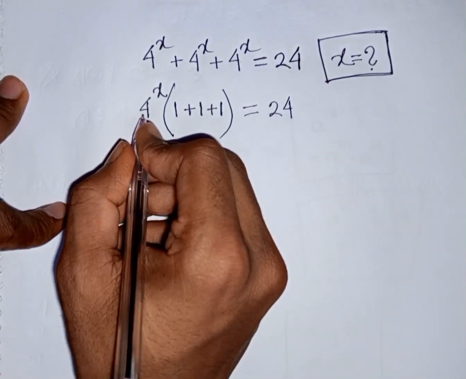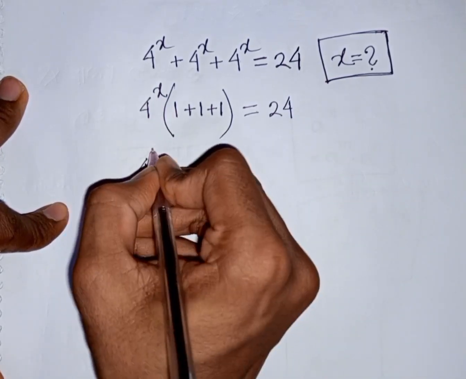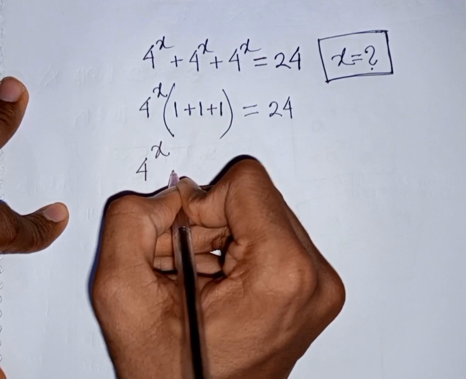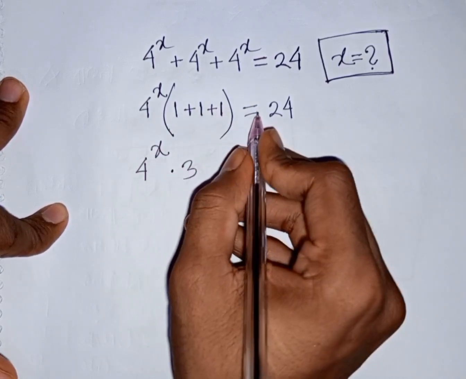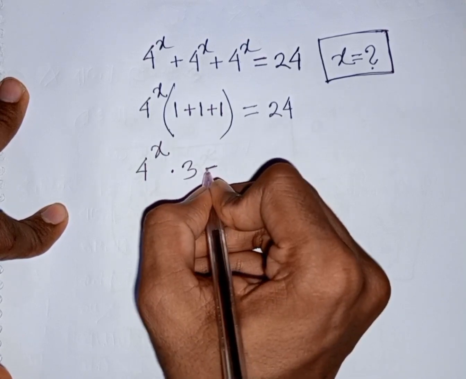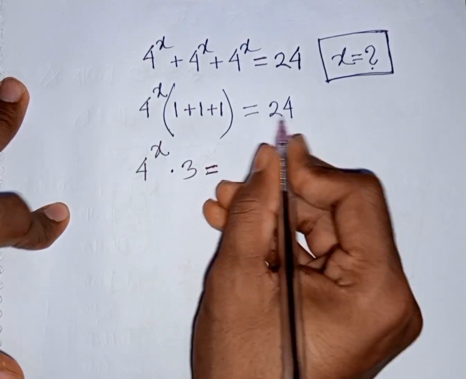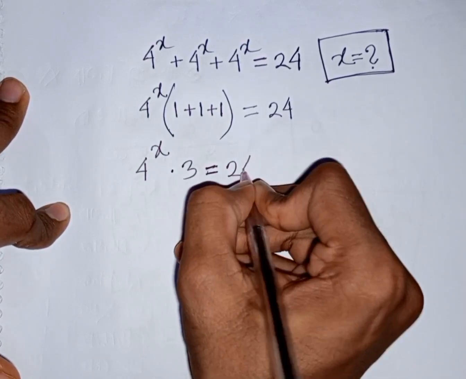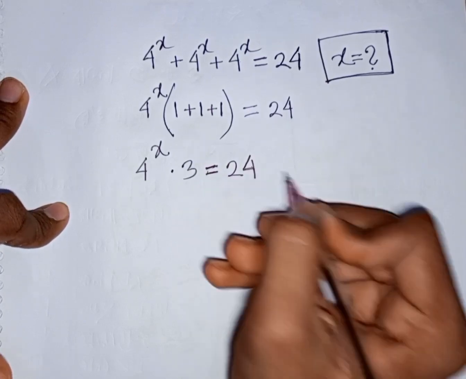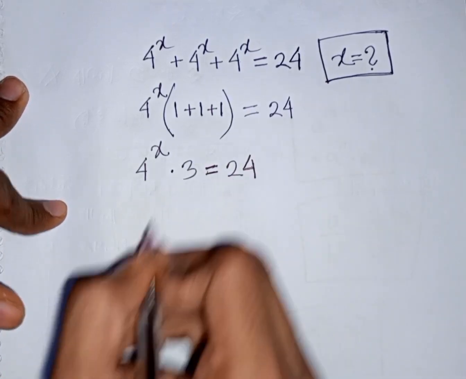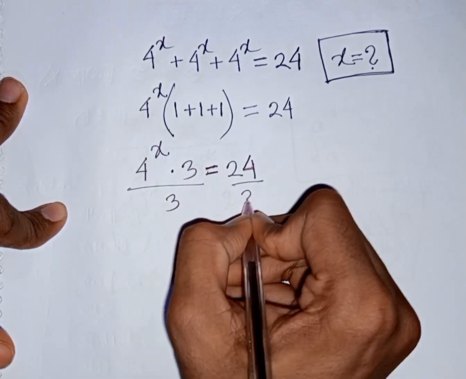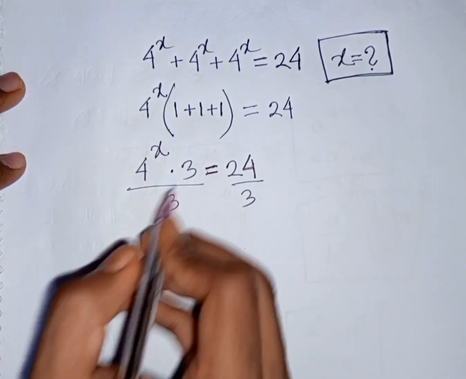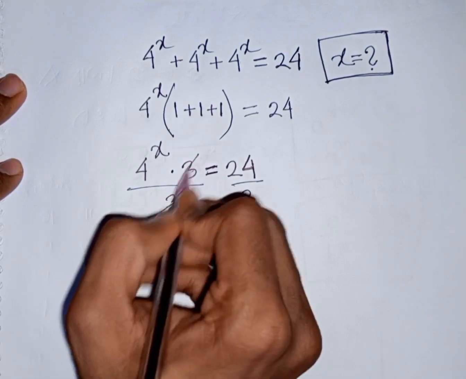Now we have 4^x times (1 + 1 + 1), that means 3, is equal to 24. Now we divide by 3 on both sides. Now we see this 3 will be cancelled.